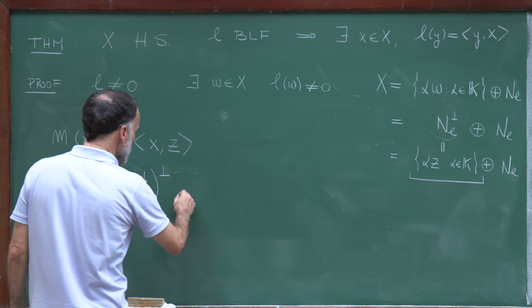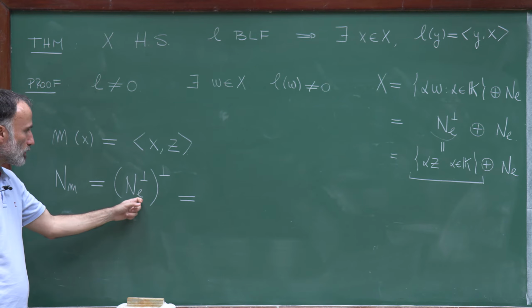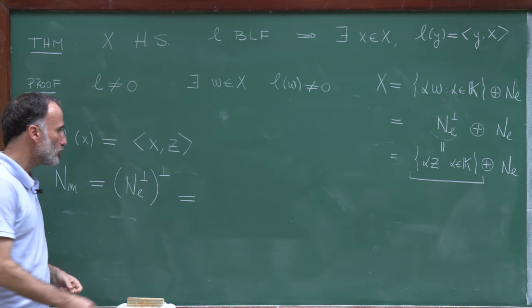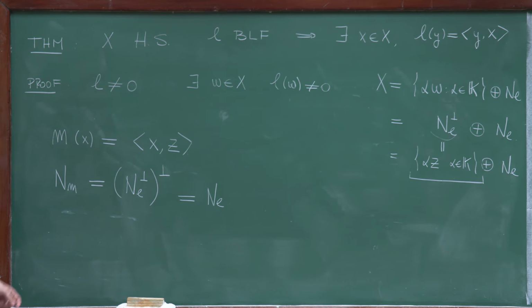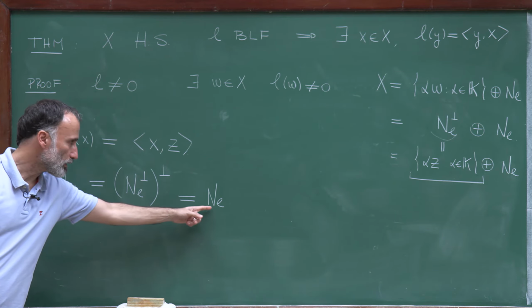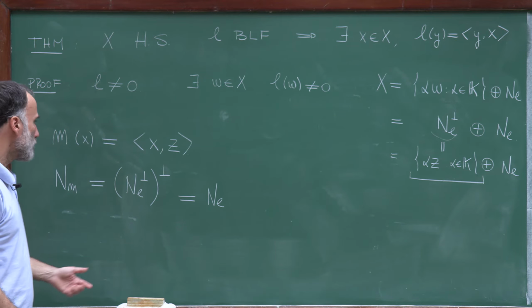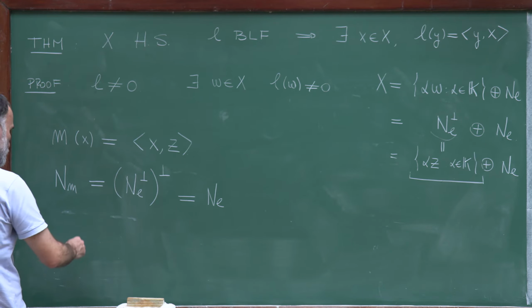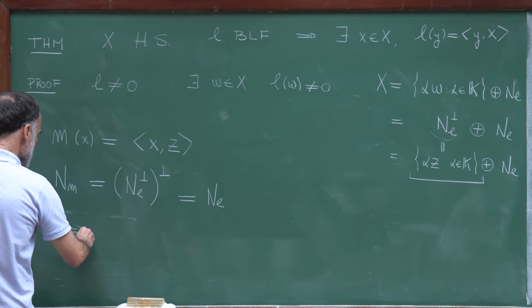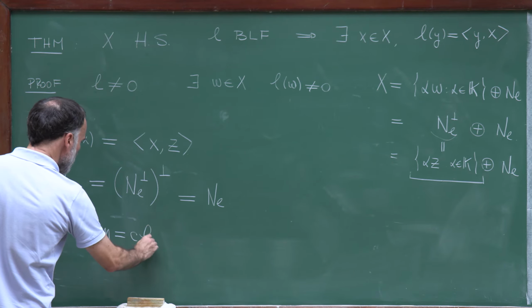And we have seen that since NL is a closed linear space, if you take the double perp, you get the original space, and therefore we proved that NM is equal to NL. And by the second lemma, or last assertion I proved, this shows that M is equal to a constant times L.